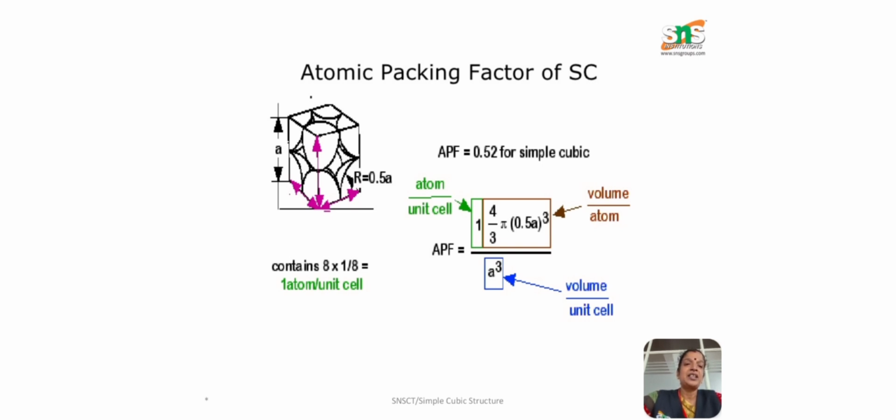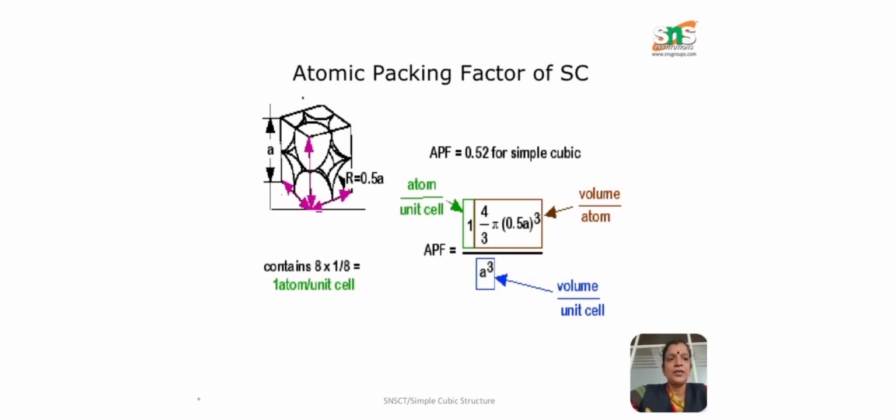By simplifying the equation, we get nearly 52% of the unit cell filled, and the remaining 48% of the simple cubic structure is empty. The example for a simple cubic structure is polonium.